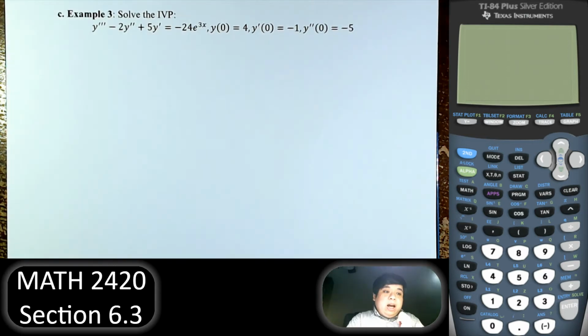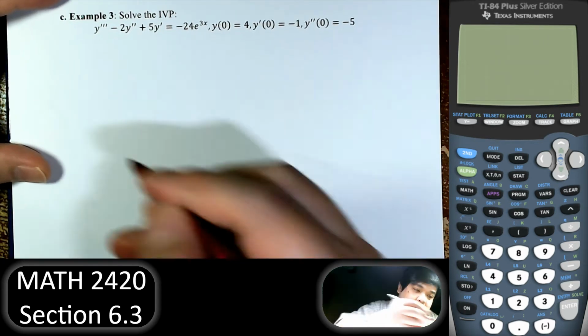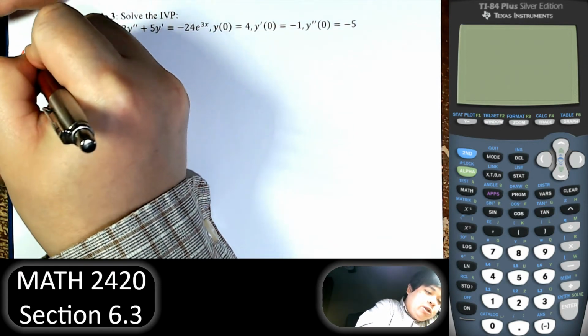This one looks like we will not have enough space to do, but let's get the form of the particular solution. Right. So first, the complementary solution.